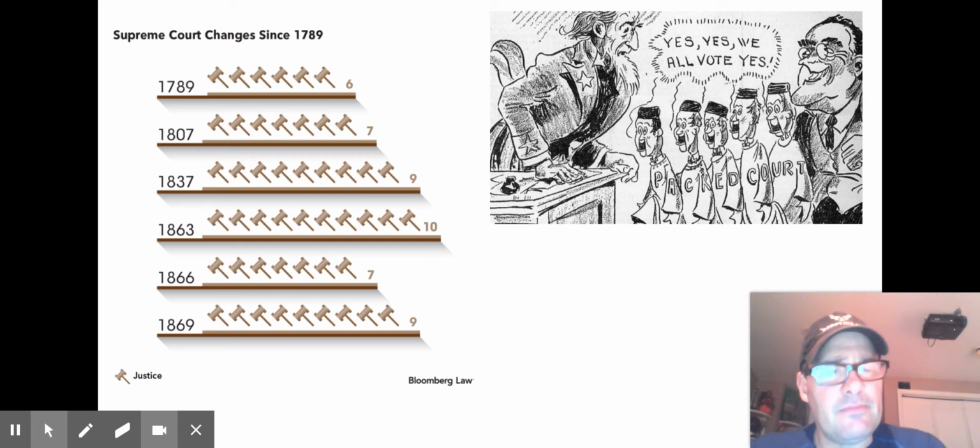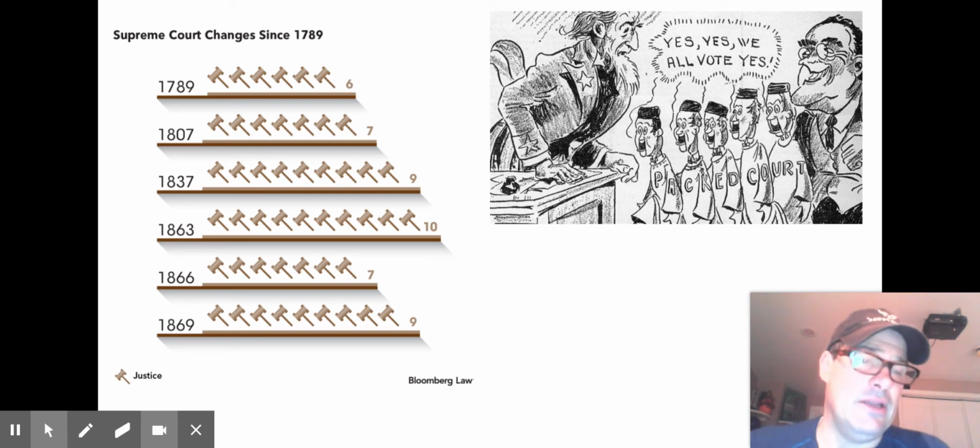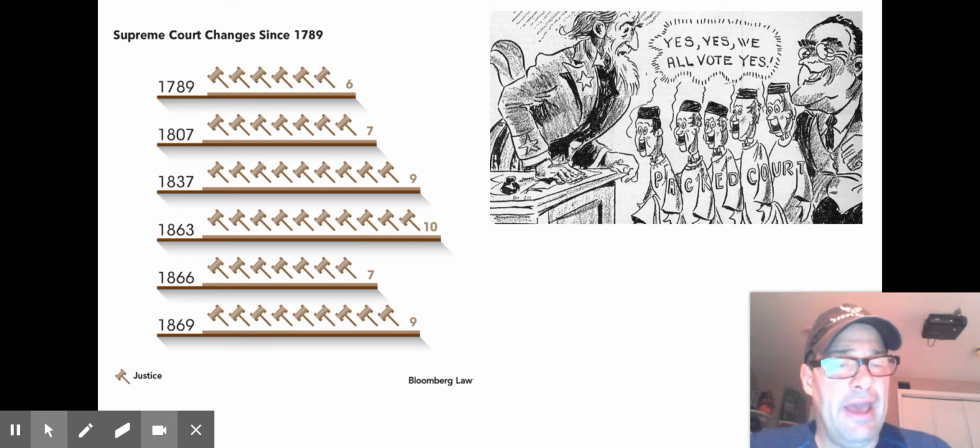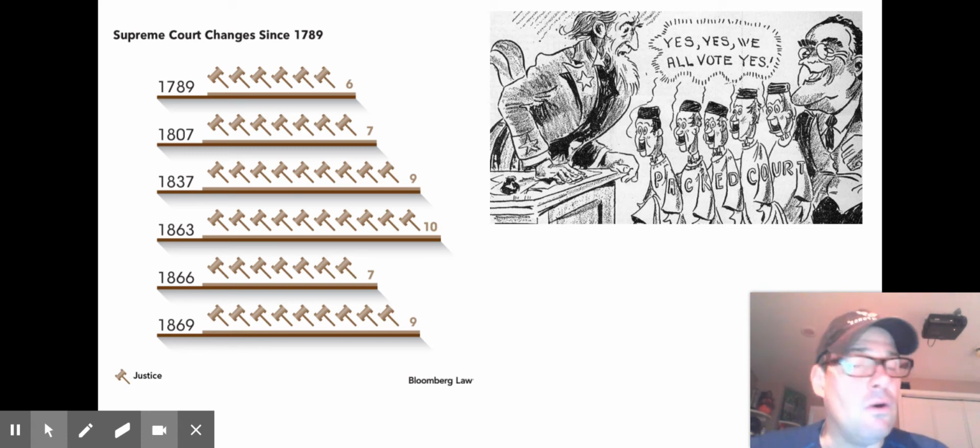However, there's a very famous moment where the Supreme Court, after being threatened with packing the court, started suddenly ruling in FDR's way. And it's called the switch in time that saved 9. It's kind of a funny phrase. So they all of a sudden switched and started ruling in favor of FDR when he threatened them with court packing. So it's really considered very political to court pack. And so it's been a fairly unpopular idea.